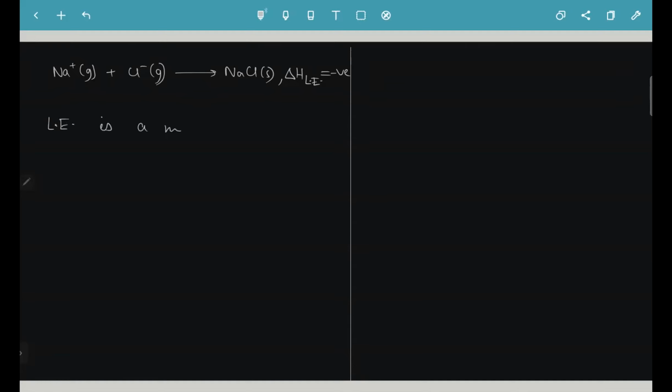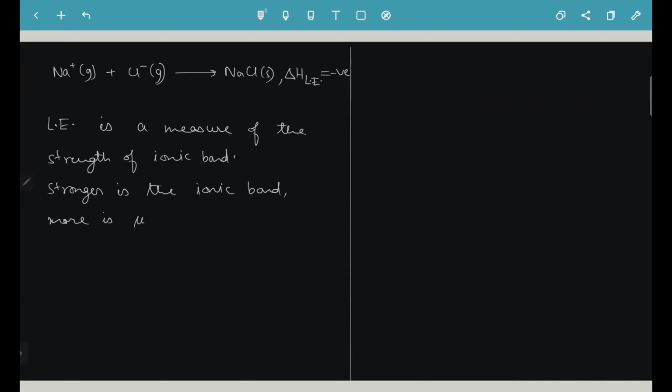You can say that lattice energy is a measure of the strength of ionic bond.